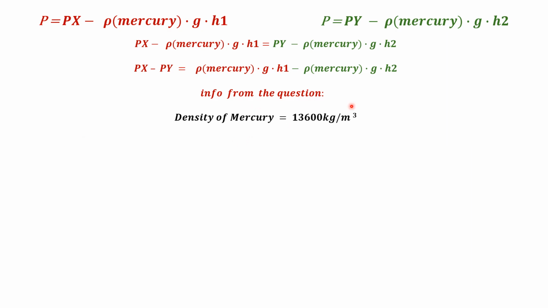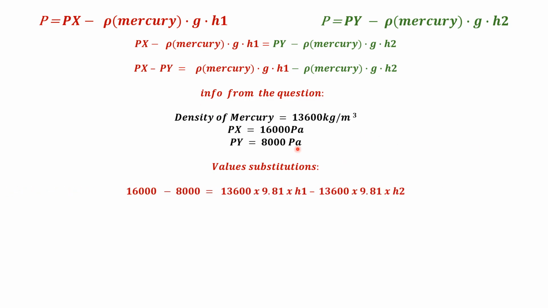We have the density of the mercury is 13,600 kilograms per cubic meter. It was provided. The pressure of the bulb X is 16,000 pascals, the pressure in the bulb Y is 8,000 pascals, and now we are going to do some value substitutions.